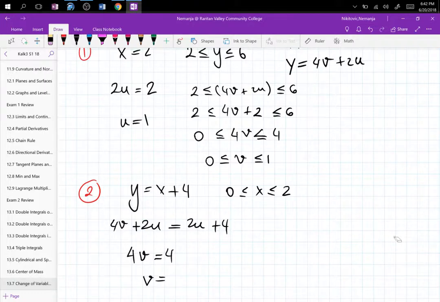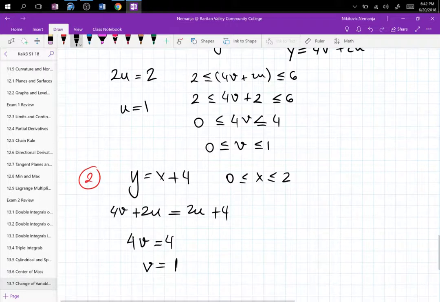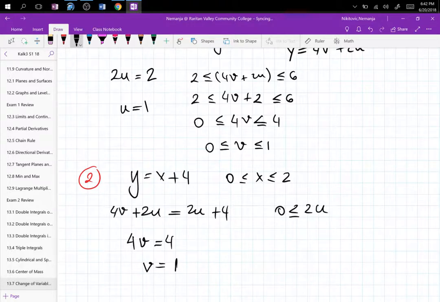Plus minus 1? No, it's just 1. I was just testing you. When we transform the other side, we get 0 less than or equal to 2u less than or equal to 2, and 0 less than or equal to u less than or equal to 1.